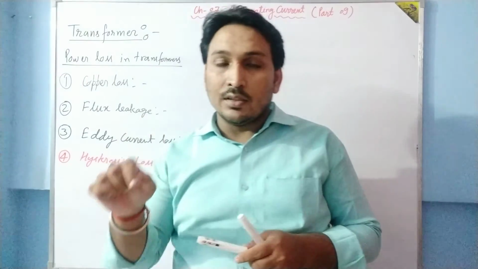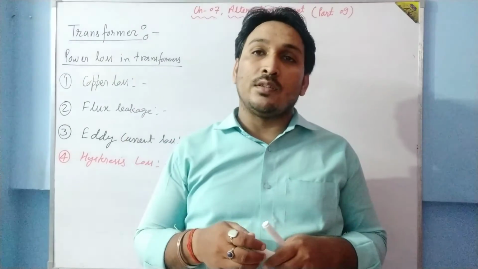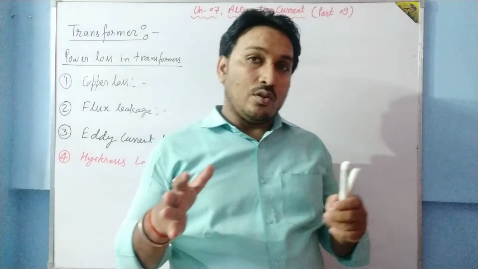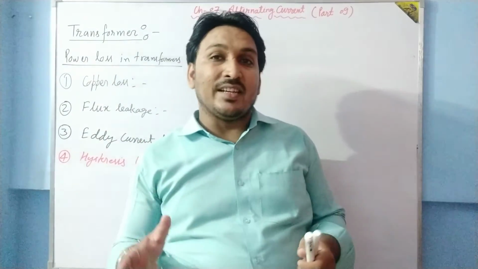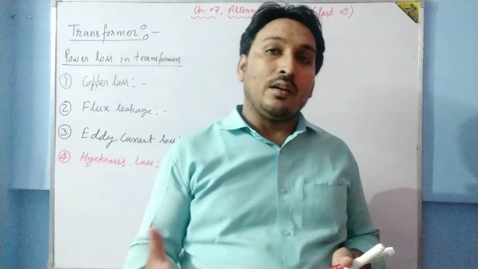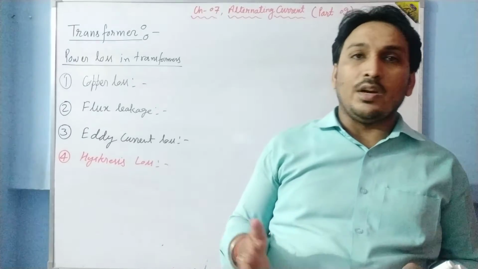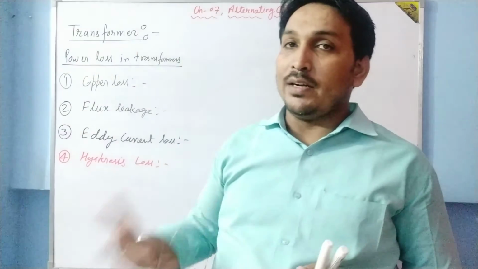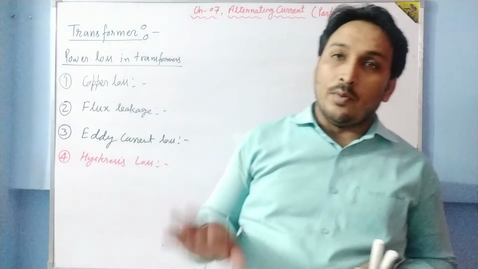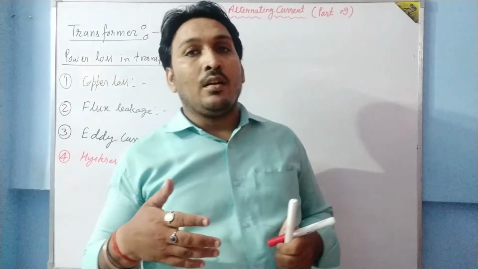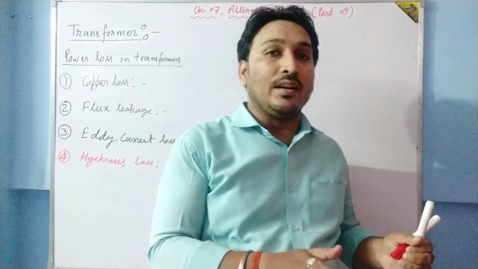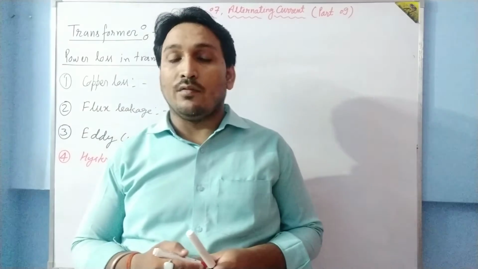When the current decreases, demagnetization of the core takes place. This process takes some energy, some power, and the power used in that will be wastage. It is of no use. But again, we cannot ignore it. Some power loss is there because of magnetization and demagnetization of the core.